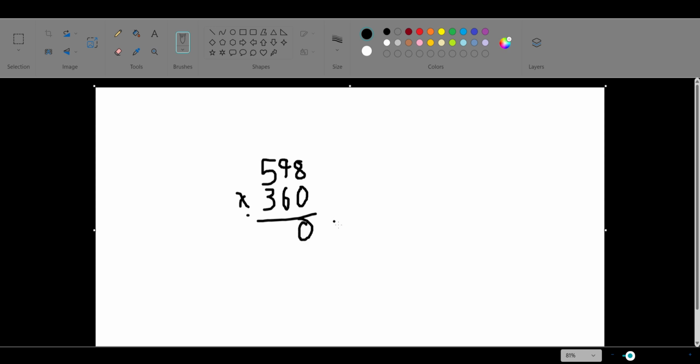And now, once you learn that, 8 times 0, which is 0. Now everything is 0 here. You do 0 here. And now 6 times 8, which is 48. So 4, and then 4 carry over, 8, 9 times 6, which is 54.